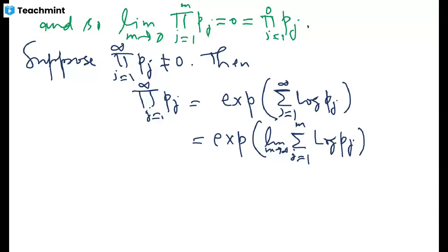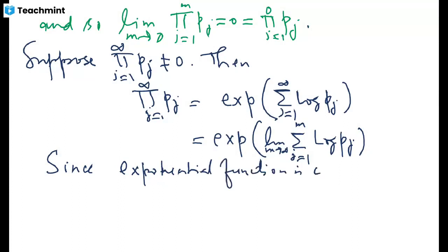Okay, and now I'm having this exponential outside and limit inside, and since you know that the exponential function is continuous, that will imply the interchange of the limit from inside to the outside, since the exponential function is continuous.